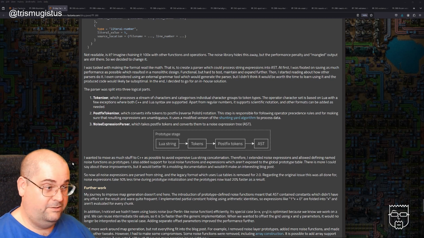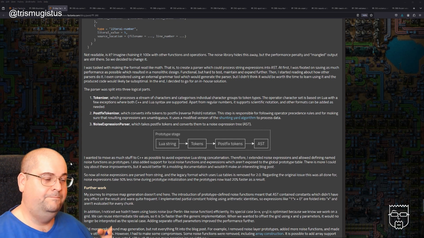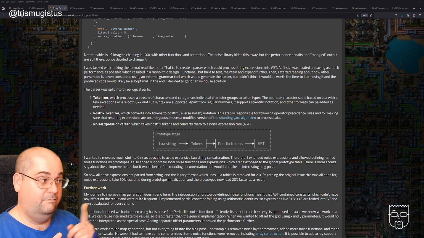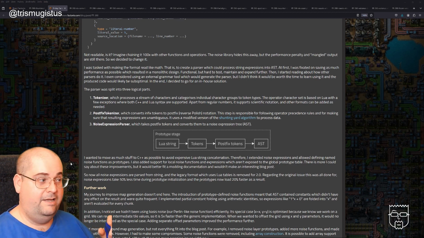That is, to create a parser which could process string expressions into AST. So just to explain that one: a parser, if you imagine an equation, like the one we had before where A equals B plus C, is something that will take that written text, A equals B plus C, and turn that into an actual math expression.